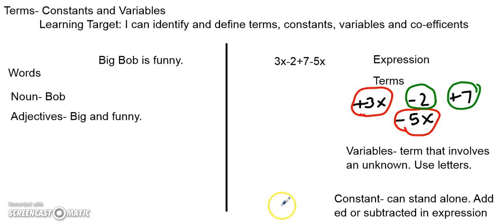So let's talk about this variable here, a positive 3x. That actually means that I have 3 positive x's. And this variable right here is a negative 5x, which actually indicates that I have 5 negative x's.